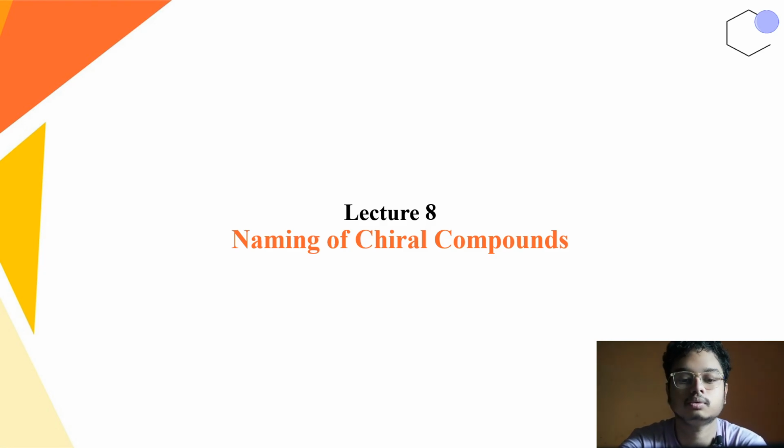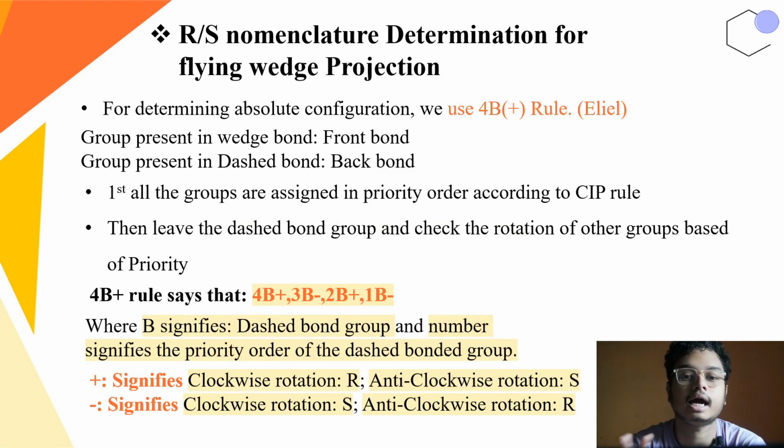Okay, so first we are discussing the RS nomenclature determination for the flying wedge projection. We discussed how to determine the RS configuration if the compound is given in the Fischer projection. But if it is given in the flying wedge manner and you convert the flying wedge to a Fischer projection, there will be two difficulties.